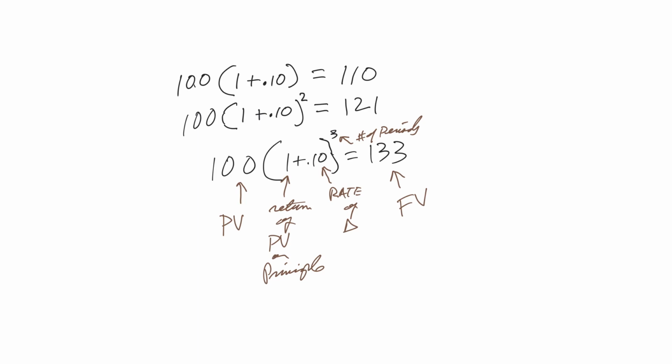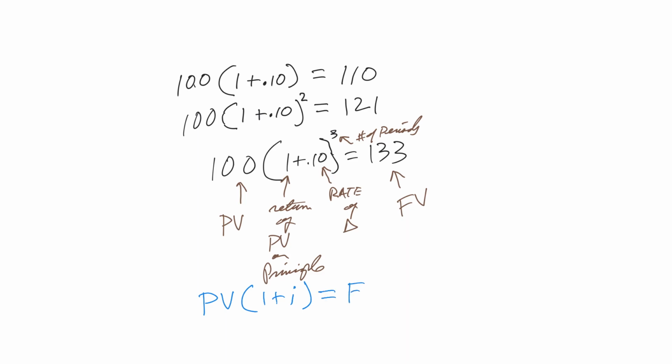So this formula, write a little prettier here. Present value times 1 plus I, I'm going to put I so that it was commonly used, interest rate, but it could be dividends or capital gains or inflation or whatever. It's just the rate of change equals future value.